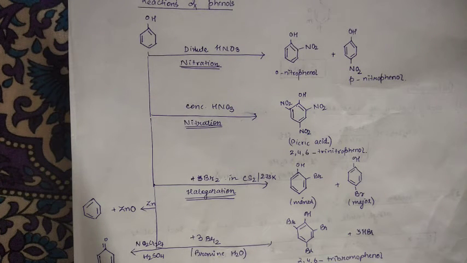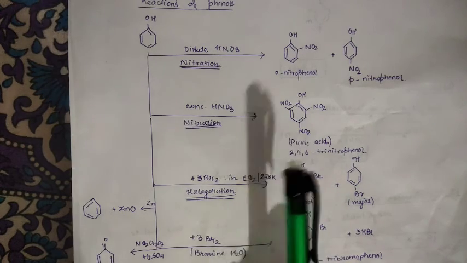And for concentrated nitric acid, no water is present, then you will get the nitro group in all the positions of ortho and para. So there are two ortho positions and one para position, as you can see there.